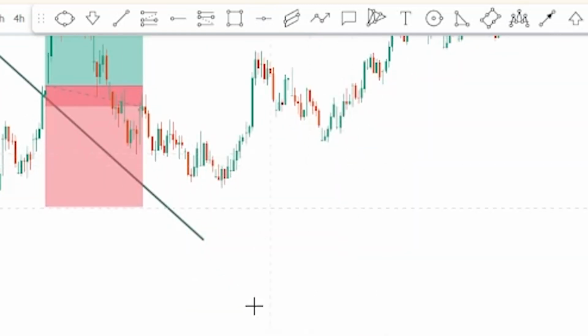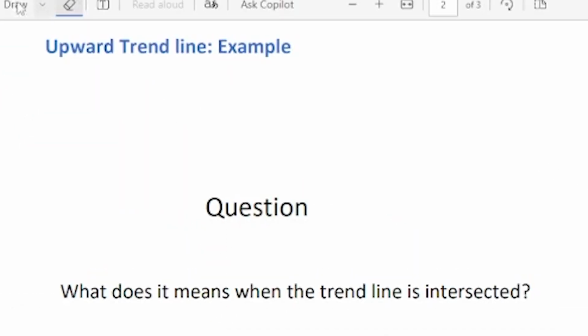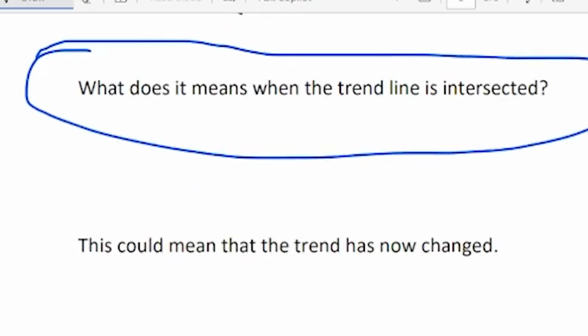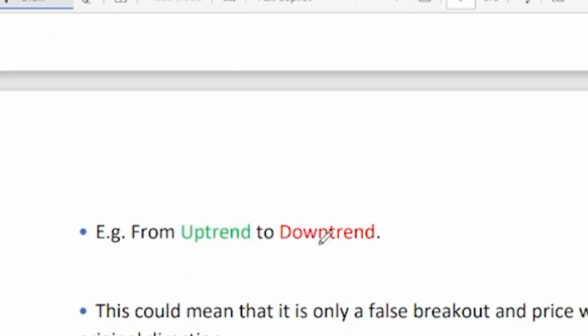So going back to our notes, we answered the question about when the trend lines intersect. That could mean that the trend has now changed. We talked about that and I showed it in those examples. It could also mean, for example, a change from the uptrend to the downtrend.